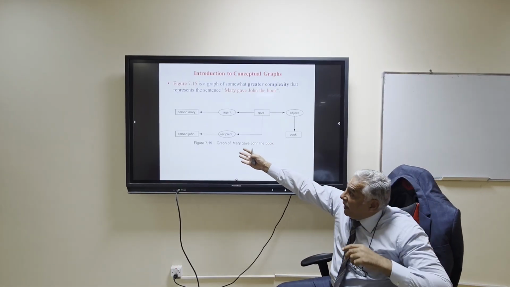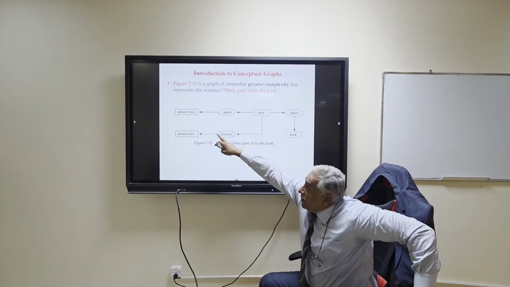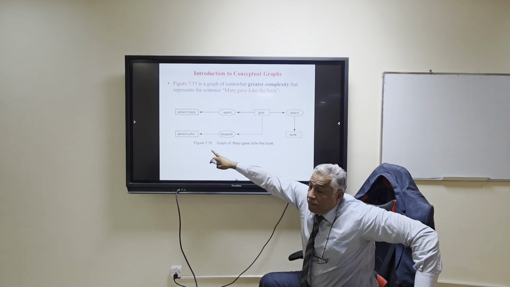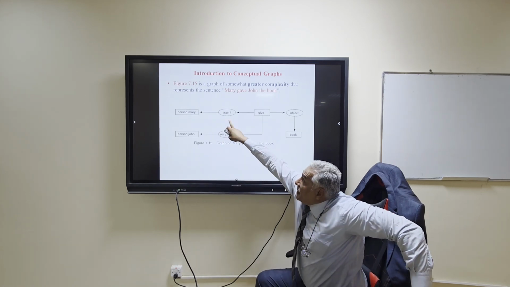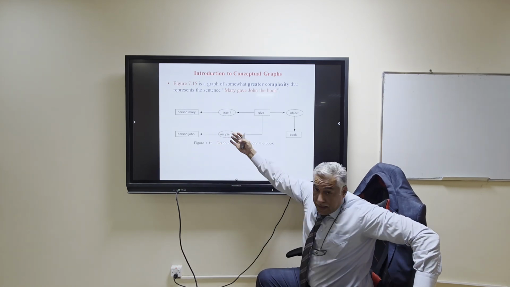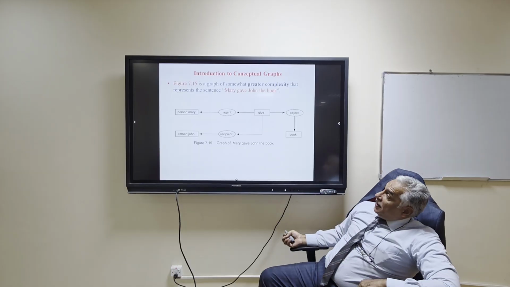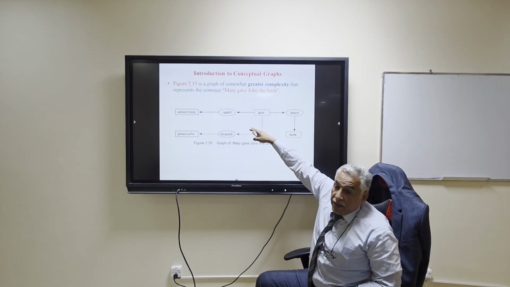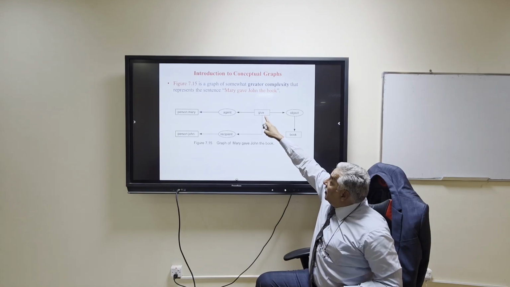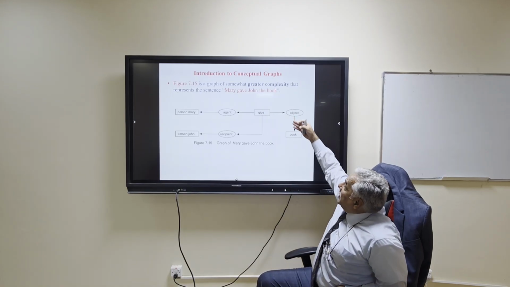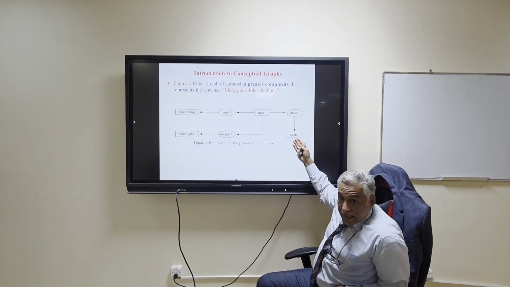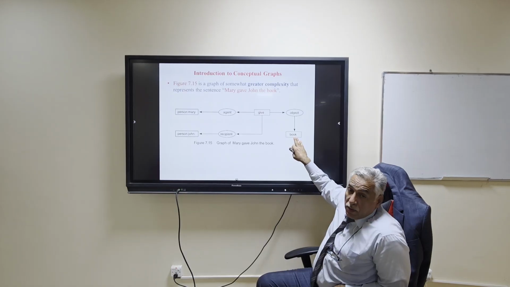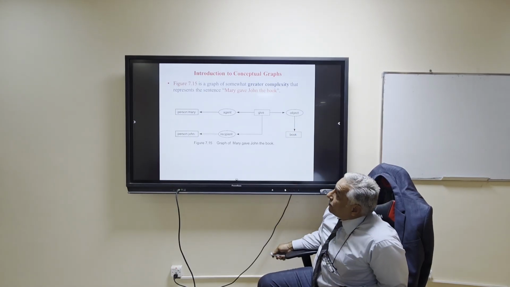Person one is Mary, person two is John. This is represented as the agent, and this one is receiving the something, and the action between them is give, and the thing being given to the other one is this book, and it's called the object.